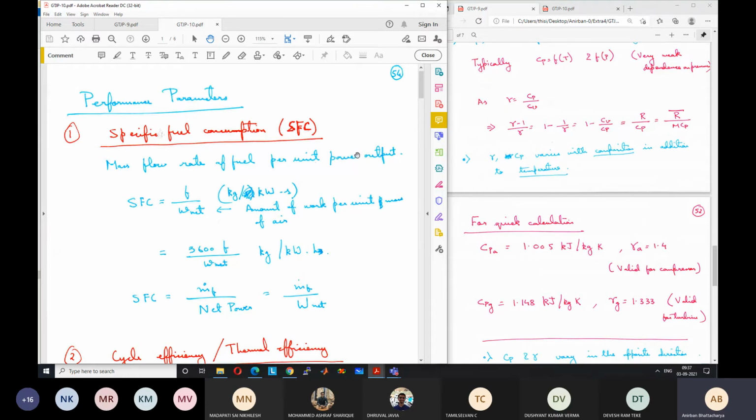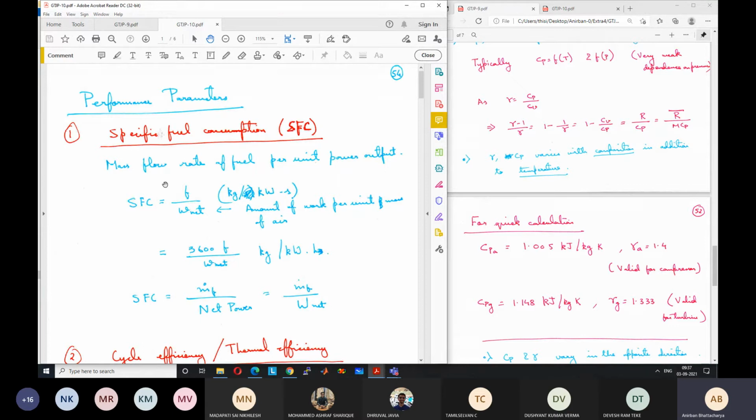Say you want to develop a gas turbine engine which generates 100 kilowatt of power, and you want to run it for a certain time. You want to know how much fuel will be required. If you know the fuel consumption per unit power, then whether you design for 100 kilowatt or 200 kilowatt, you can scale the fuel consumption rate accordingly.